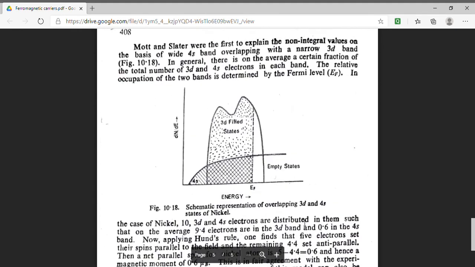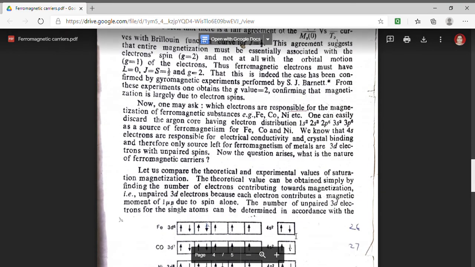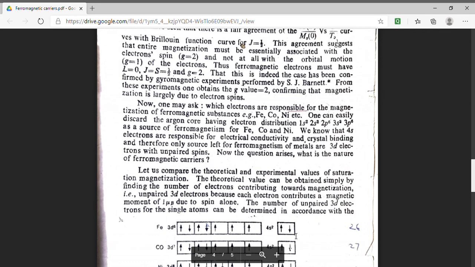So, from Weiss field theory, we can arrive at three most important conclusions. The first is that magnetization arises only when temperature is less than Tc. That means spontaneous magnetization exists below the Curie temperature.